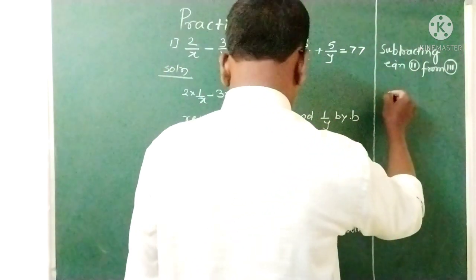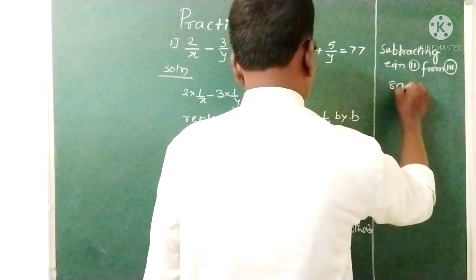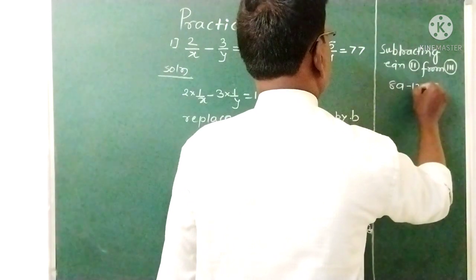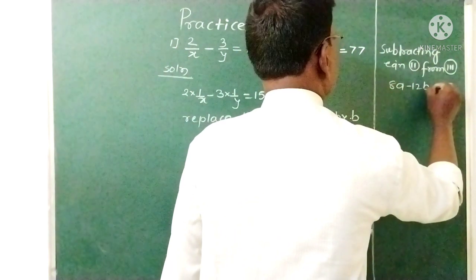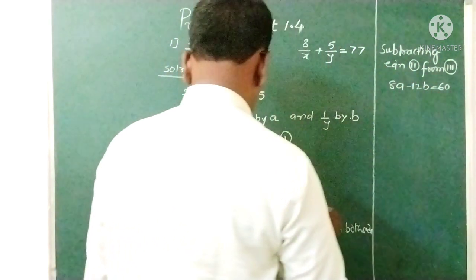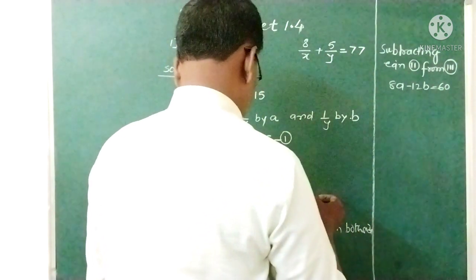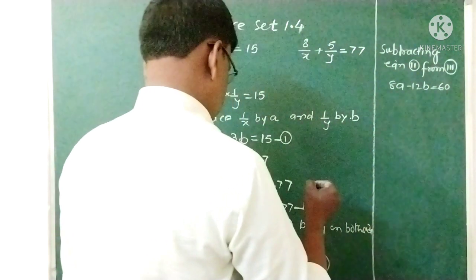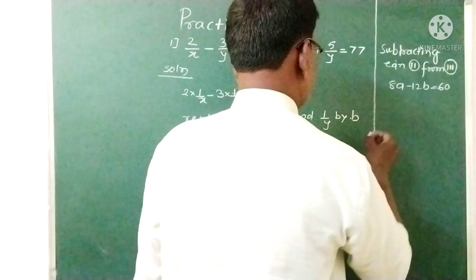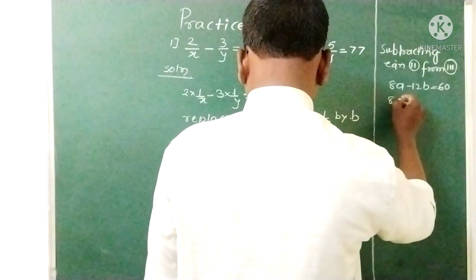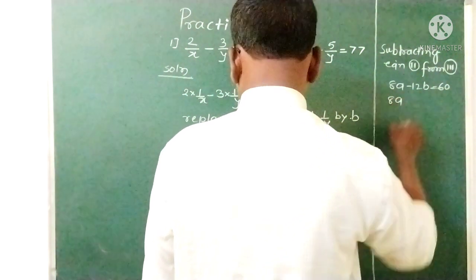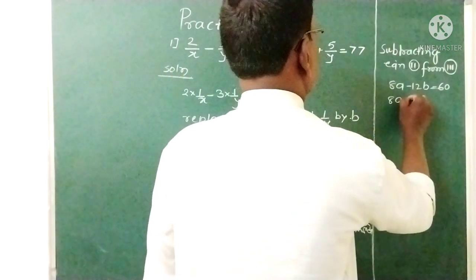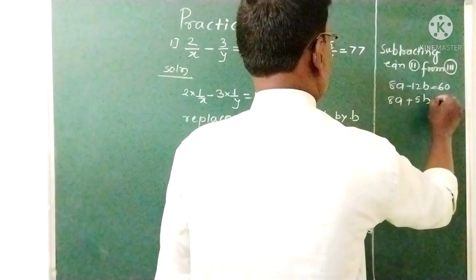What is the third equation? You write here 8a minus 12b equal to 60, and the second equation is 8a plus 5b equal to 77.